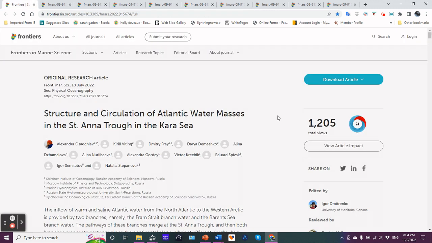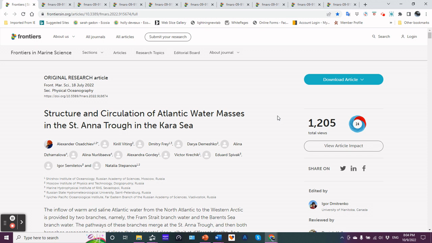So again, the take-home message is that we have a mechanism to help explain how the Barents Sea and the Kara Sea are basically now nearly ice-free year-round. It's getting very close to that point here.